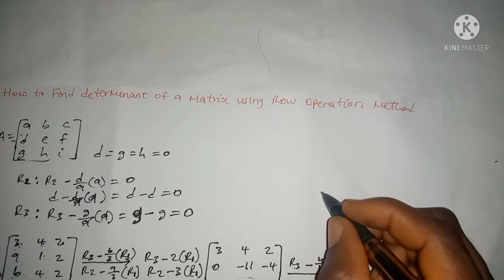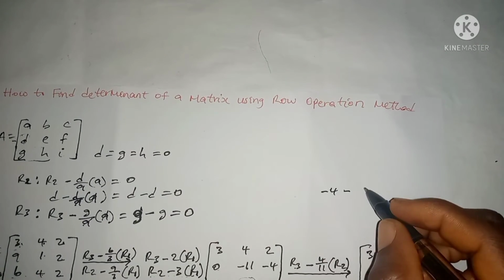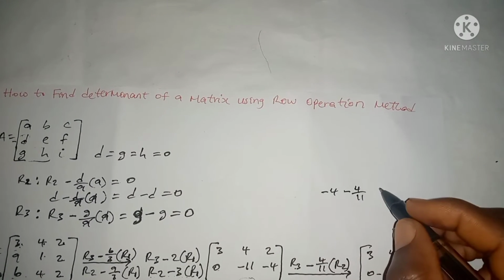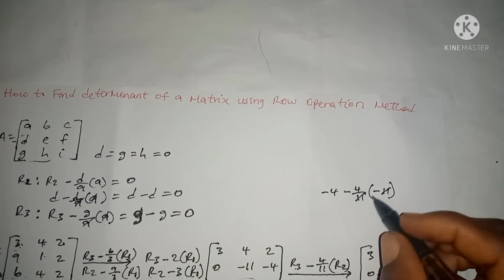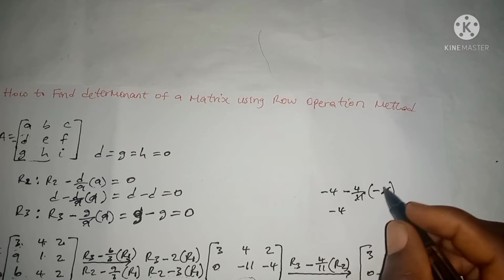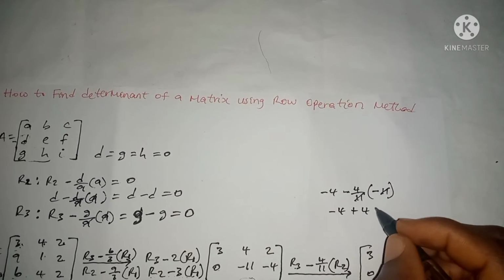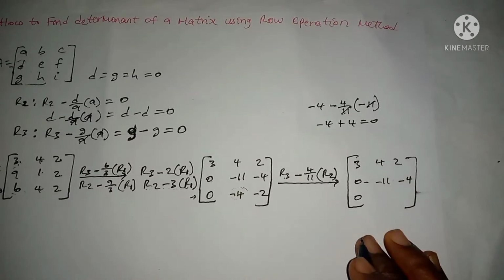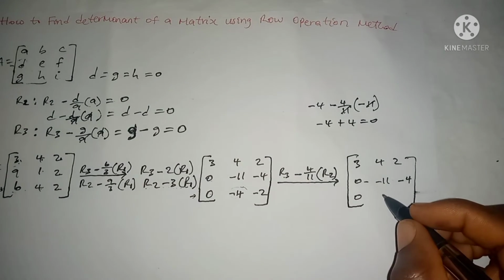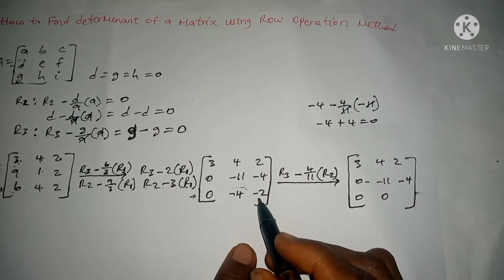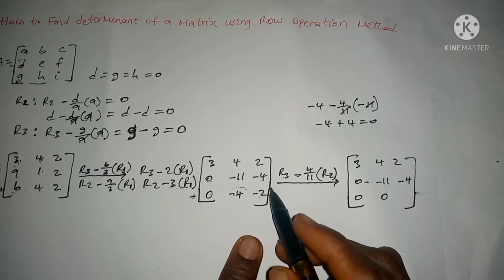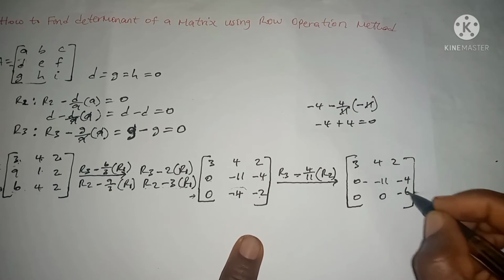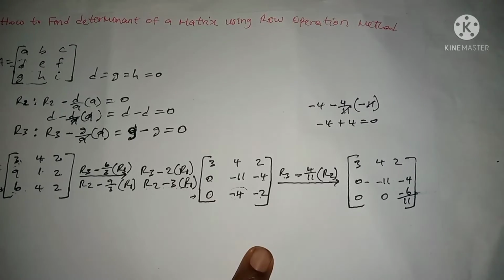So what I mean here: minus 4 minus 4 over 11 times minus 11. Remember, this 11 will cancel this 11. It will now be minus 4. Minus times minus will be plus 4. We are going to get 0. So this one now is going to give us 0. Then minus 2 minus 4 over 11 times minus 4. Then we are going to get minus 6 over 11.